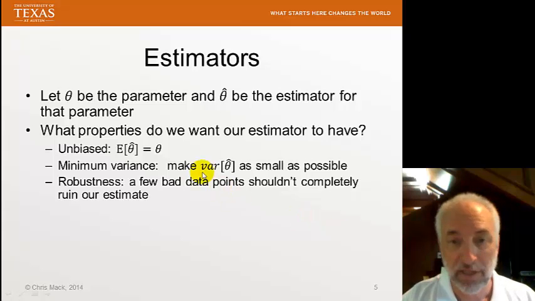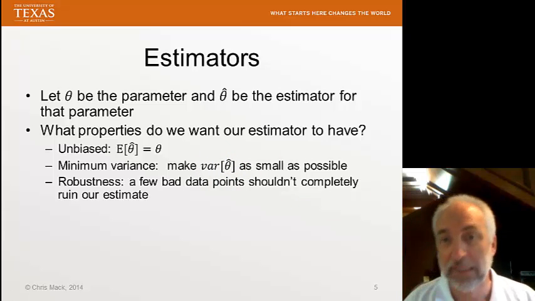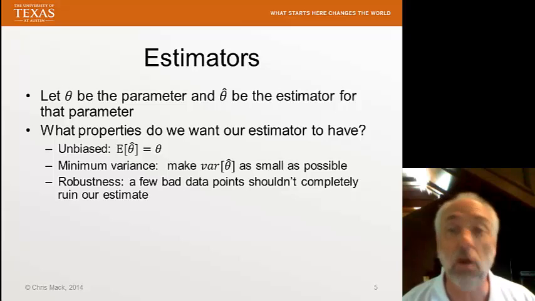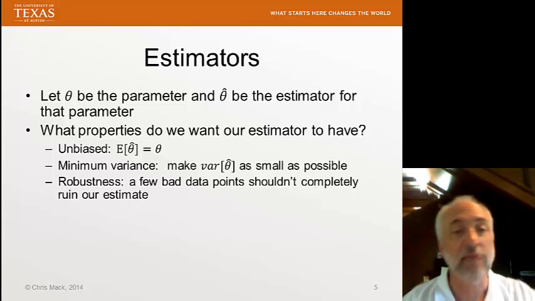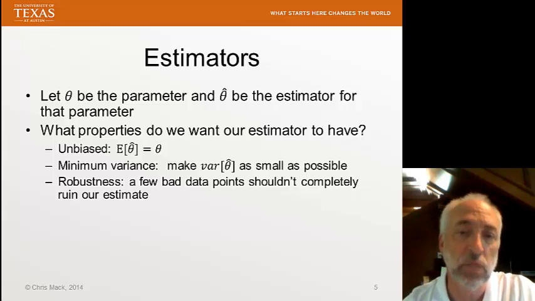We also want our estimators to have a minimum variance. That is, the variance of this estimator should be as small as possible. Now, it will never be zero in any real situation, but we can certainly have estimators to compare the variance and find one to be smaller than the other. And finally, we would like robustness from our estimators.